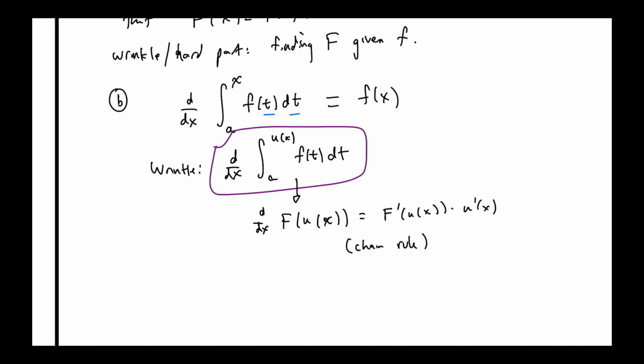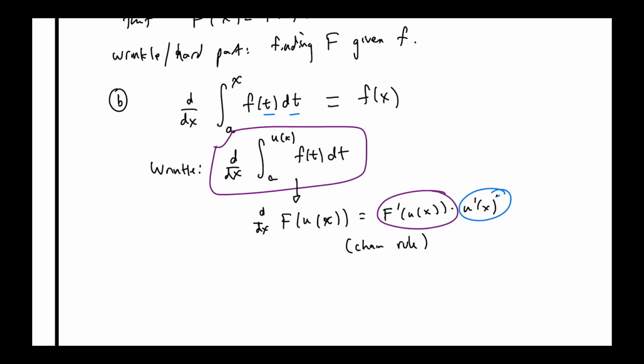Now, u prime of x, well, if we knew u, could we compute u prime? Yeah, if we had the formula for u of x, then using the different rules that we know, we could figure out what u prime is. So it's okay for me to just, in this instance, write u prime. That's it. Okay?